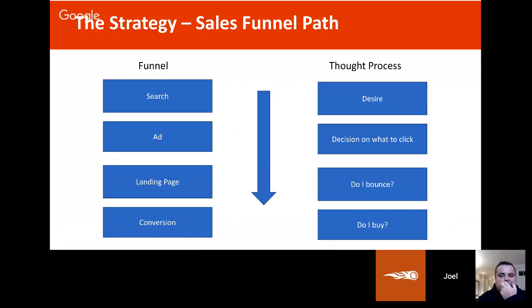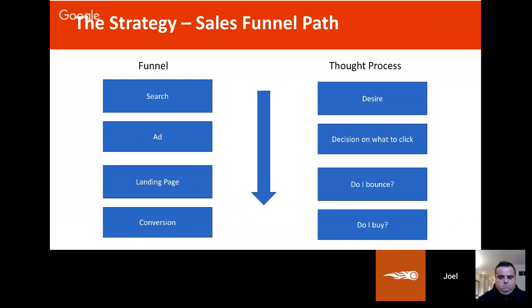What you have to understand, though, is that not every keyword is equal. Someone searching for one search term that could result in a sale on your website has a different desire than a different one. When someone makes that search, they're expressing a desire. When someone sees that ad, they're then deciding which ad to click on.